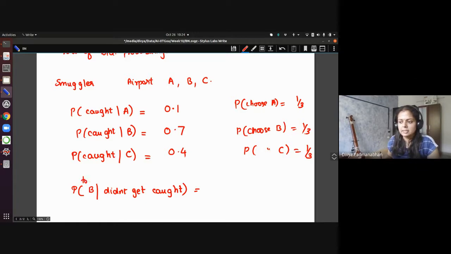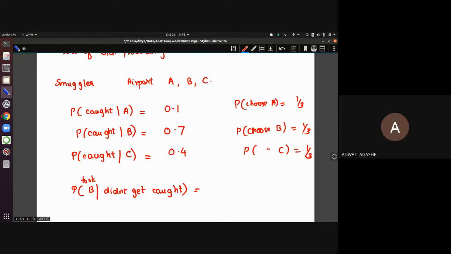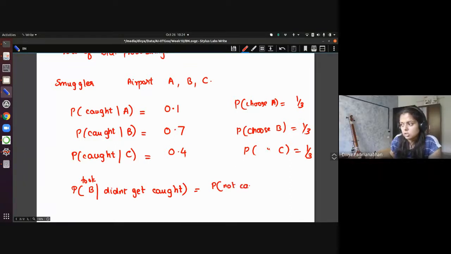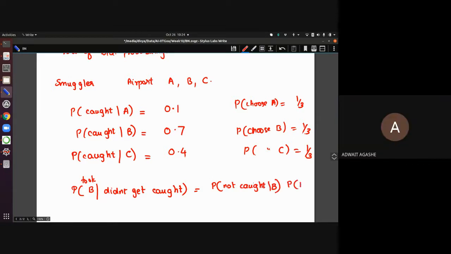The probability that he took airport B given that he didn't get caught: P of B times P of not caught given B, and in the denominator, P of not caught given B times P of B, yeah.